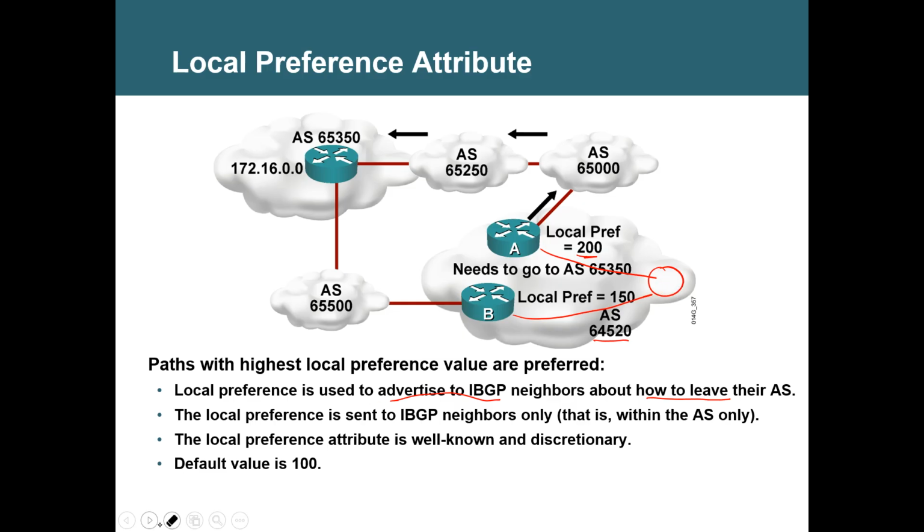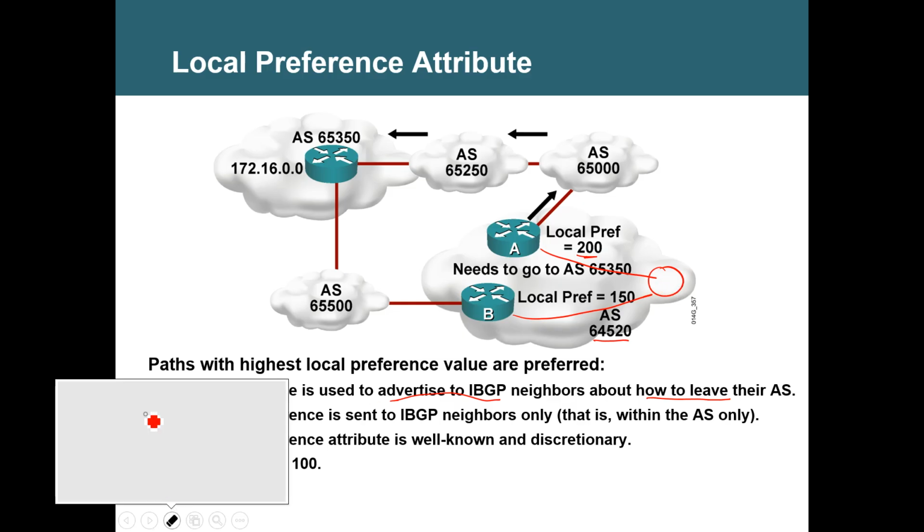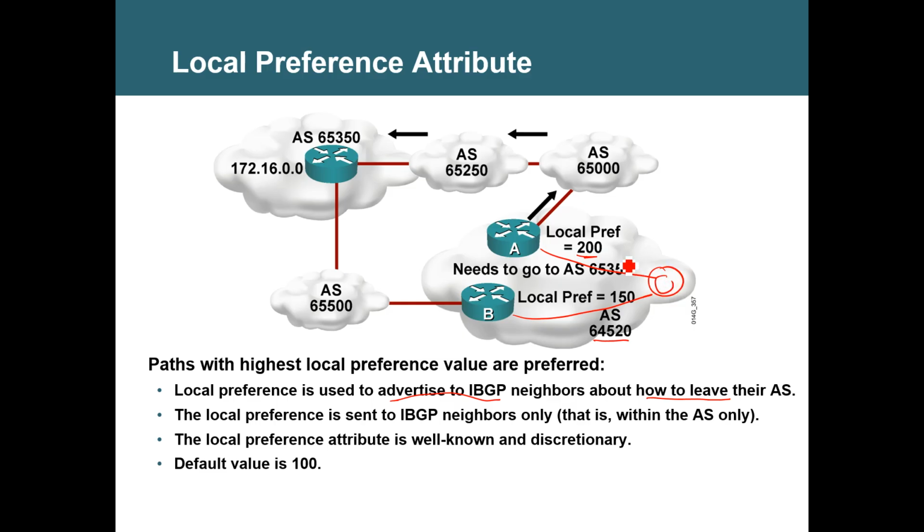Via A. Even B router will go this way only. The reason is this 200 that you set in router A is advertised to all IBGP neighbors.